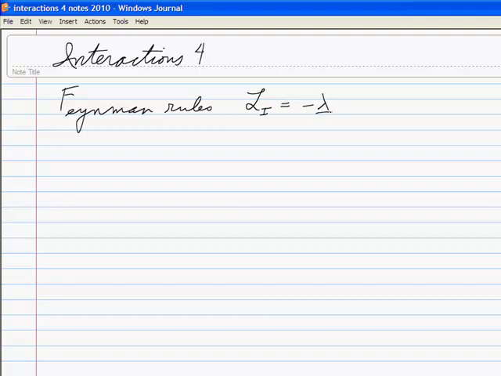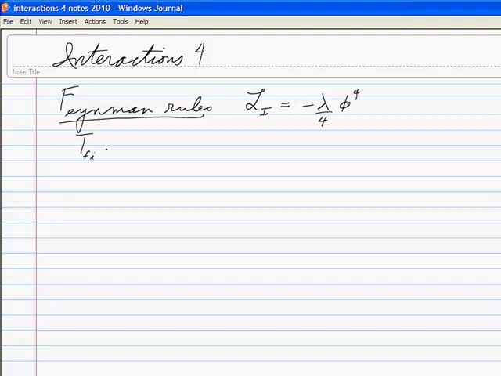The Lagrangian is minus lambda over 4 phi to the fourth. So it's a scalar theory. We've done one example with that. And these rules are rules for the matrix element, which we've been calling script M.